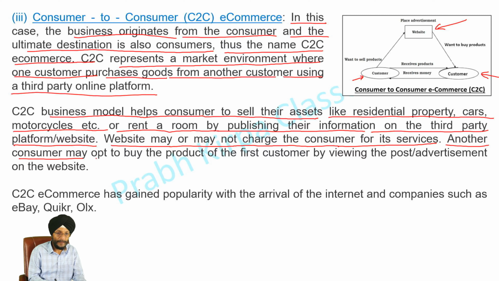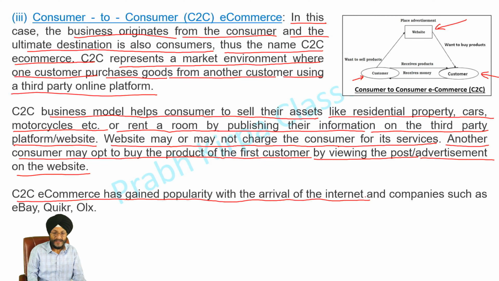Another consumer may opt to buy the product of the first customer by viewing the post or advertisement on the website. C2C e-commerce has gained popularity with the arrival of internet and companies such as eBay, Quikr, OLX, etc.